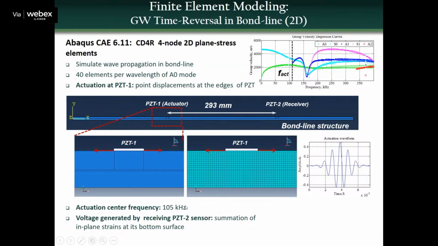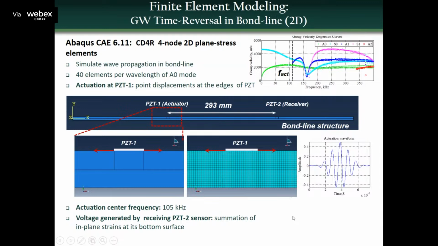Well, you select your actuating frequency, and as we said, you have to select a frequency below 120 kilohertz. And you calculate the voltage at the receiving PZT by a summation of the in-plane strains at its bottom surface, and assume that the voltage is proportional to that.